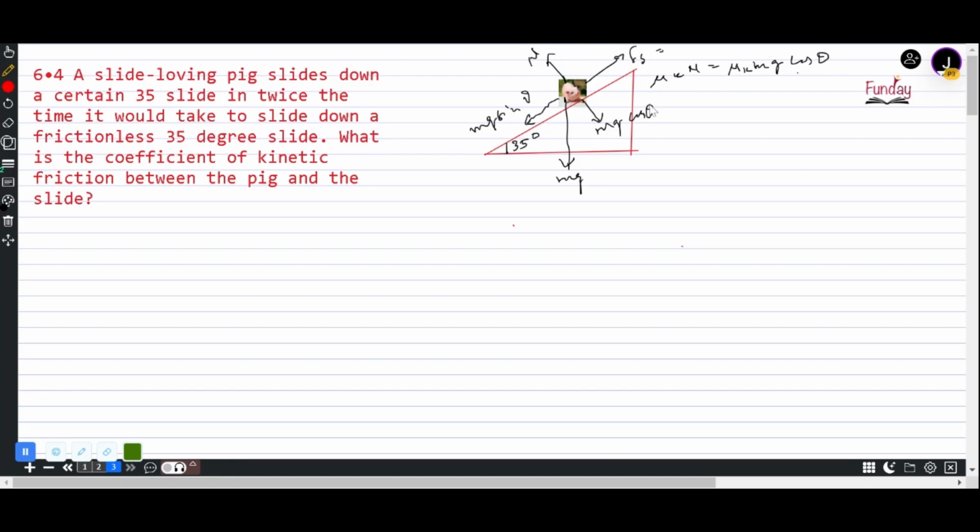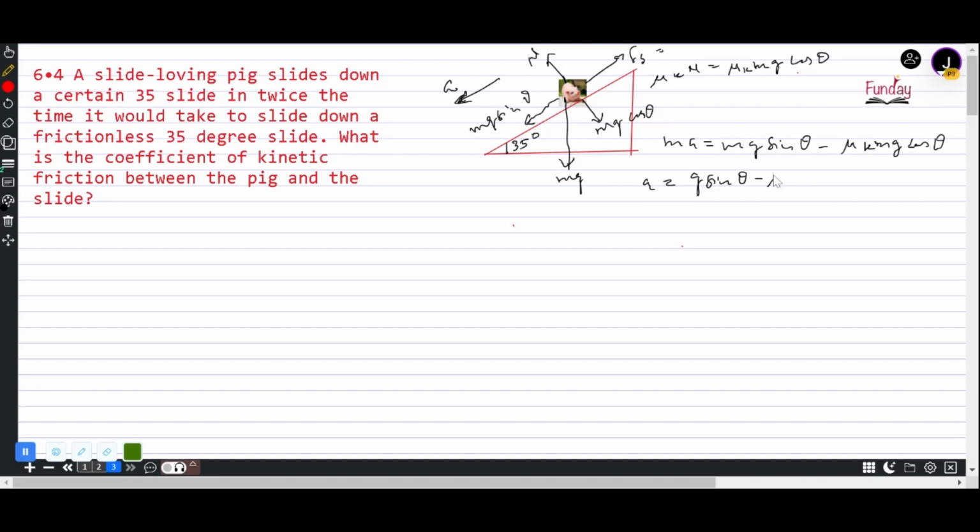Now we know that the frictional force Fs is going to be the coefficient of kinetic friction mu k times N, the reaction force, and N is equal to mg cos theta, the reason being there is no motion in the vertical direction. So both the forces have to balance out. So N is equal to mg cos theta, hence Fs is equal to mu k mg cos theta.